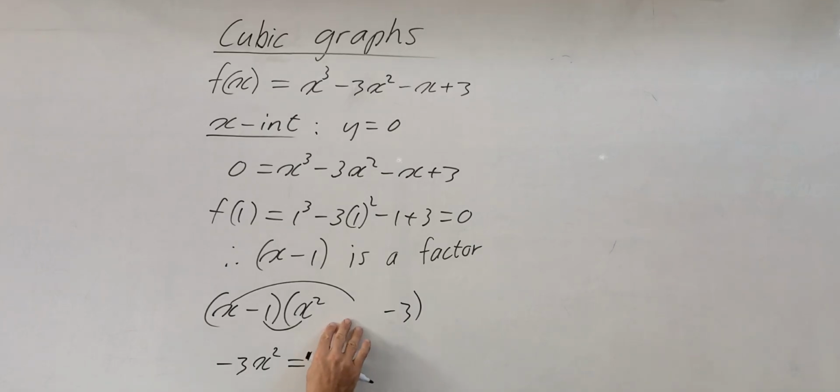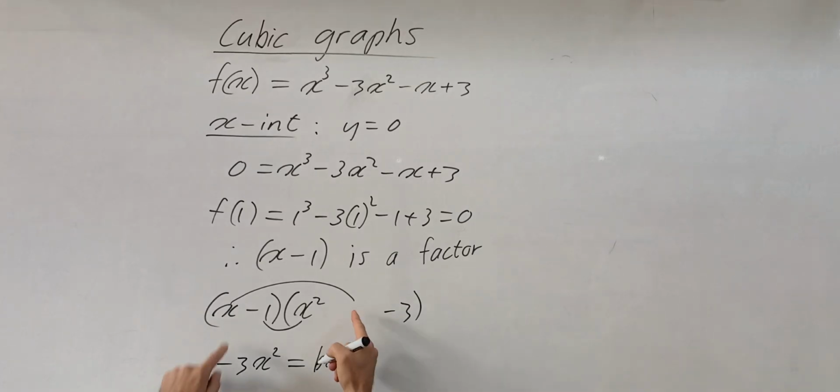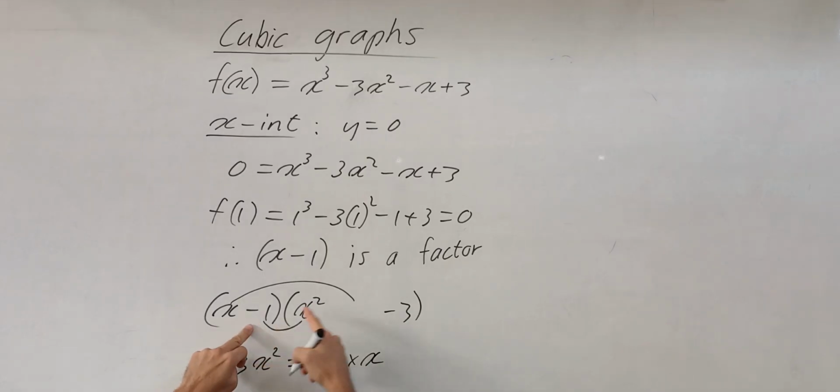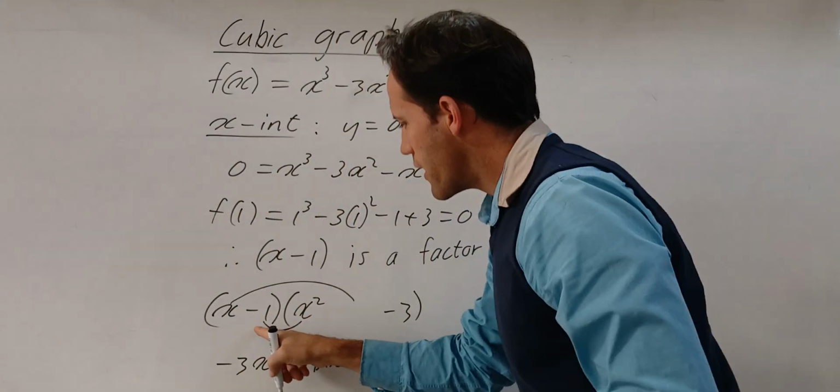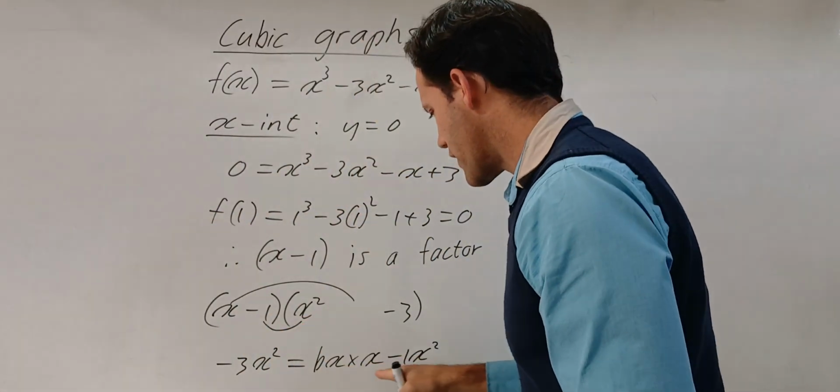Because this is going to be some kind of an x, let's call it bx, times x, and then this one is negative 1 times x squared. So when you multiply this, you get negative 1x squared.